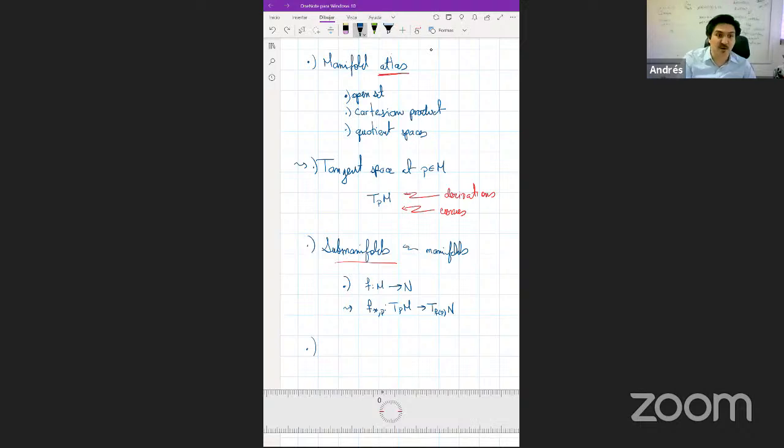We haven't studied those in detail, we will. In particular, we will study the tangent bundle. Okay. So far we are only at the first stage, yes, manifolds, submanifolds, and smooth maps.